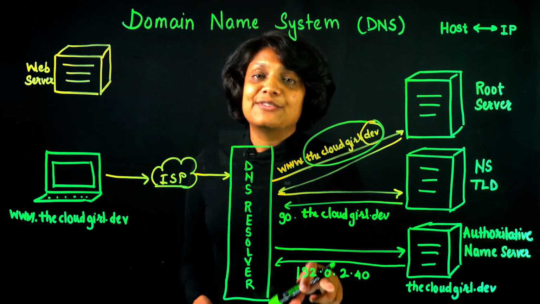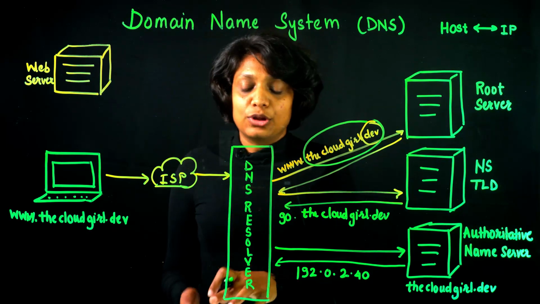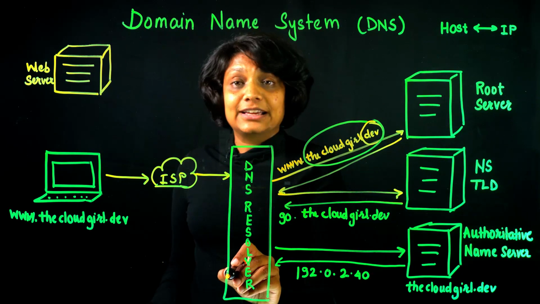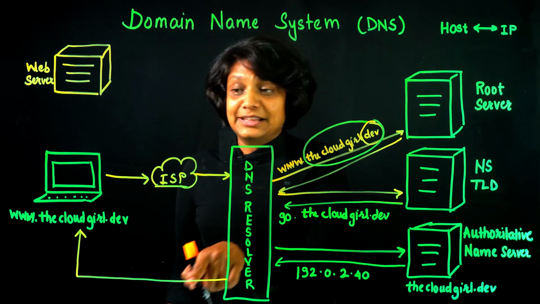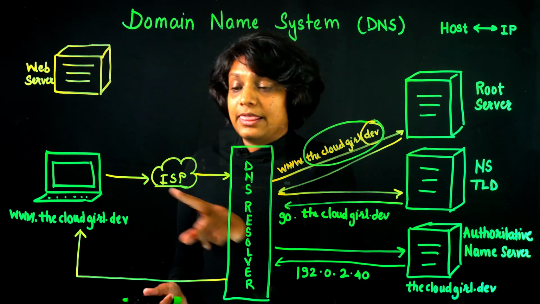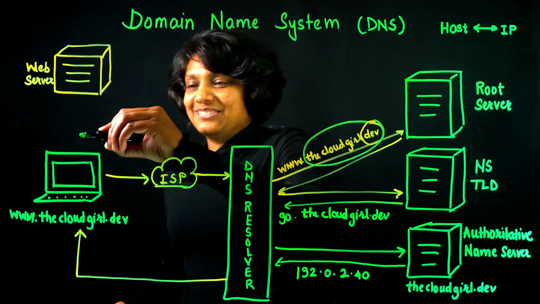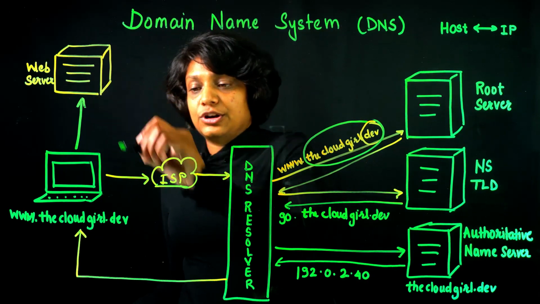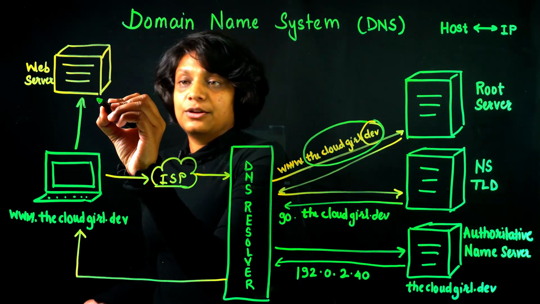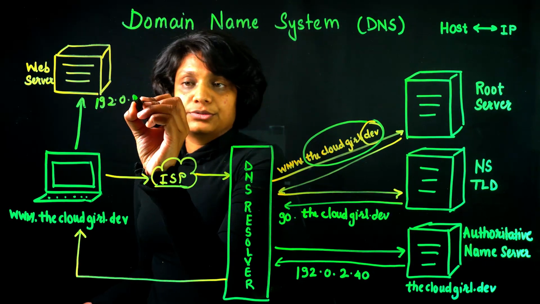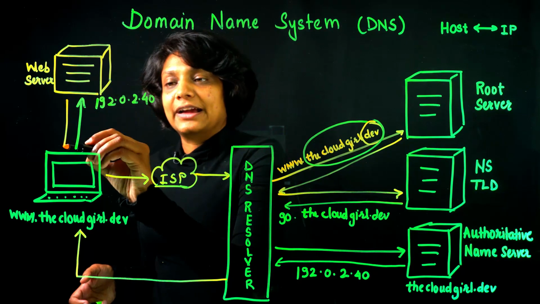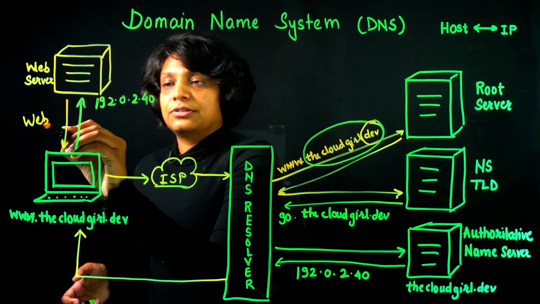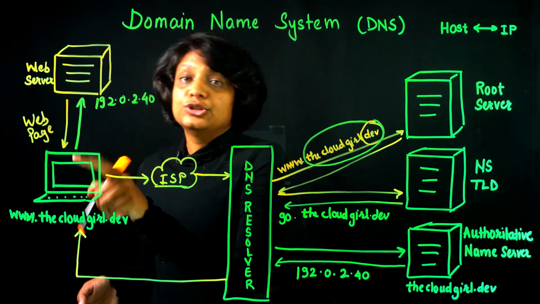And then once it has that IP address, the DNS resolver sends it back through the internet to your computer. From there, your computer sends the request to the web server, which is sitting at 192.0.2.40, and that web server responds with the actual web page, which gets displayed to the user.